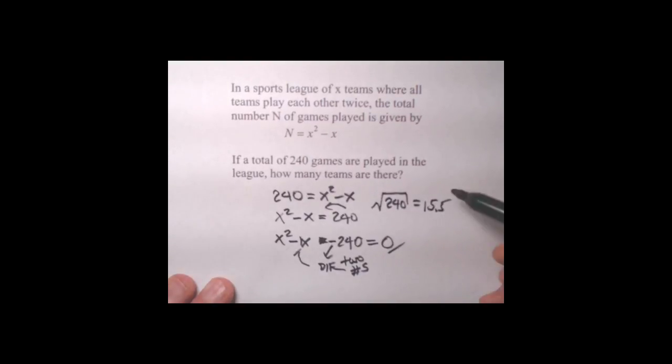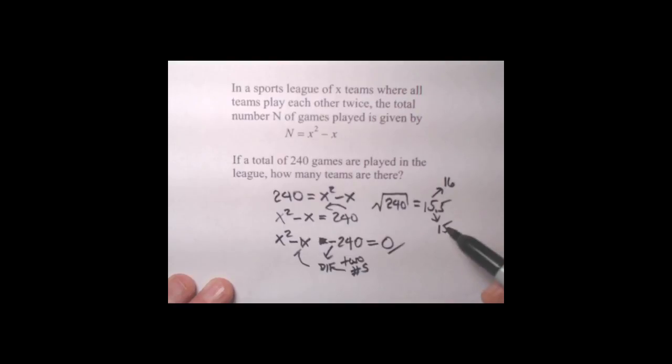And if you do this, you get 15.5. Okay. Now, that being the case, the number of teams can't be a decimal. It's got to be an integer. And you want two numbers that are 1 apart, so just go to the next number higher than this, which is 16, and the next number lower is 15.